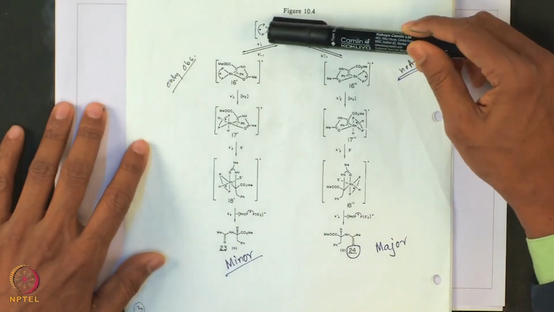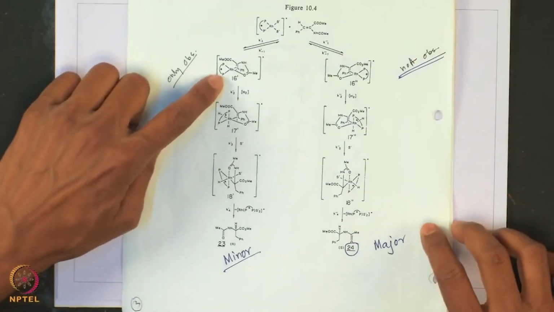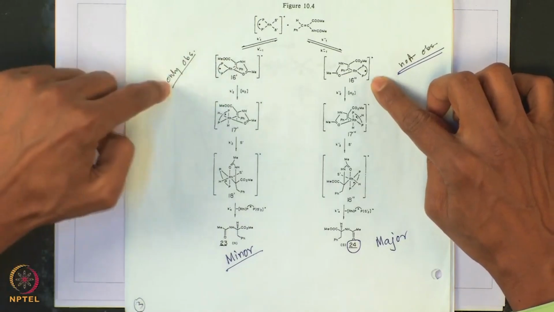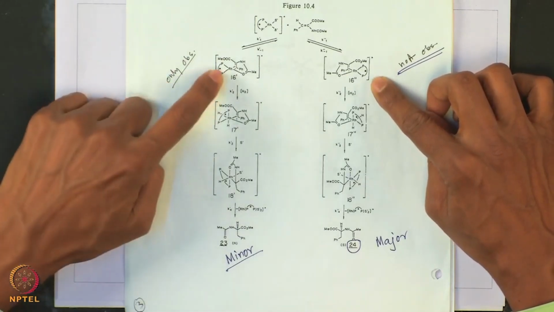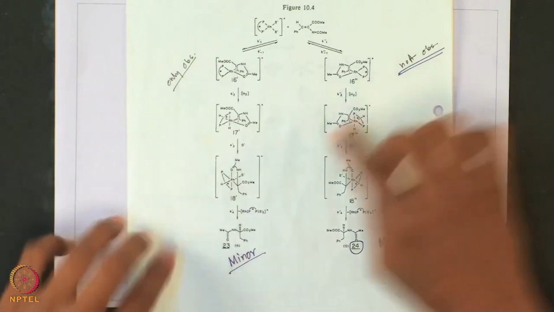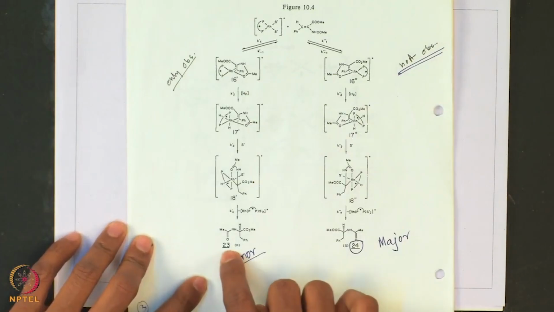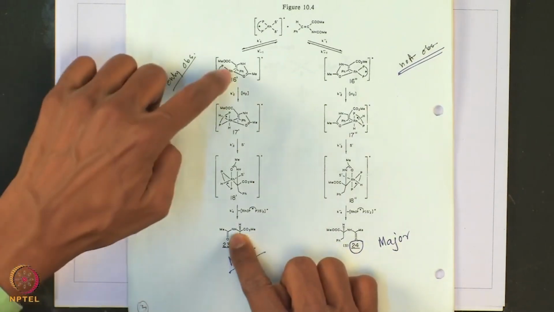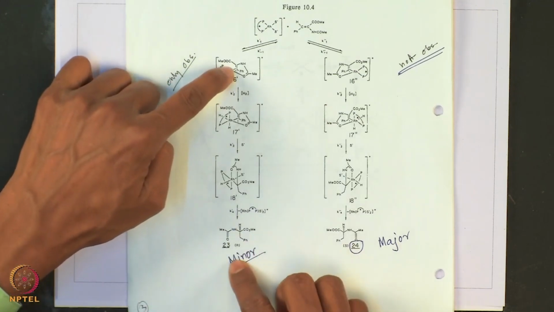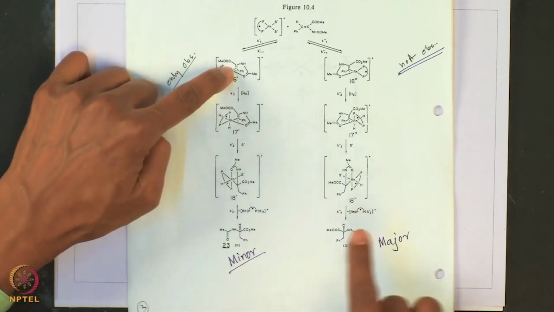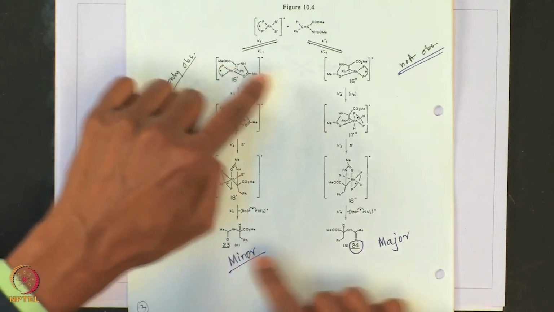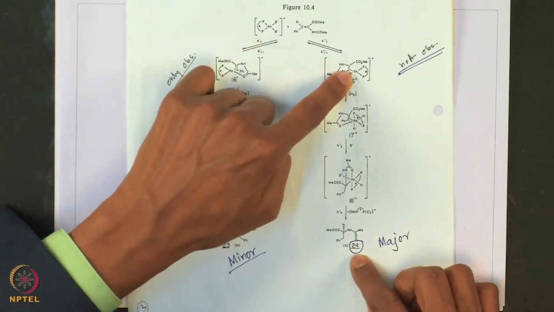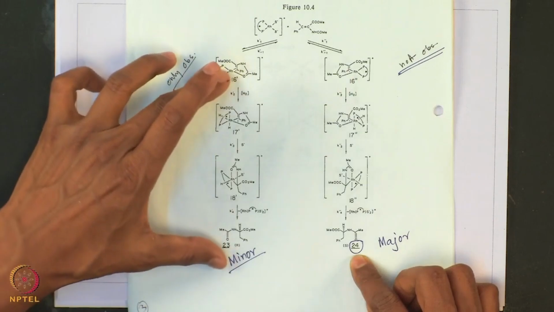where we will see that starting from this rhodium complex, we have this 16 prime and 16 double prime possible formation. In the reaction mixture we only see 16 prime, but we are not going to see the product formation 23 in this case. This turned out to be the minor product, because from 16 prime to 23 is a relatively higher energy step, whereas from 16 double prime to 24 is a lower energy step compared to 16 prime to 23.